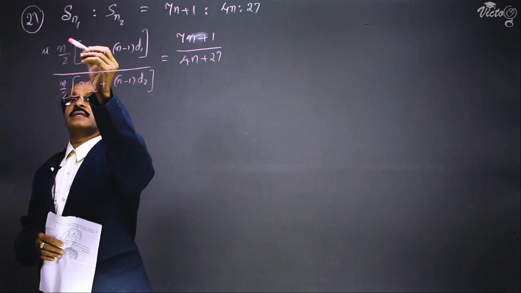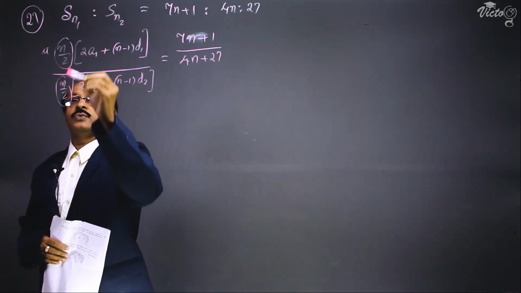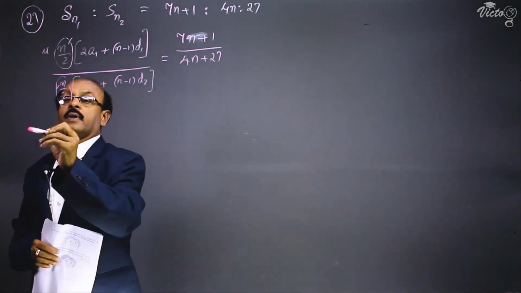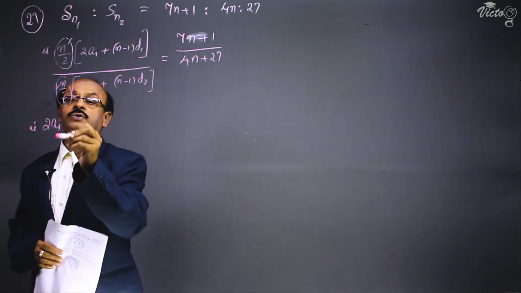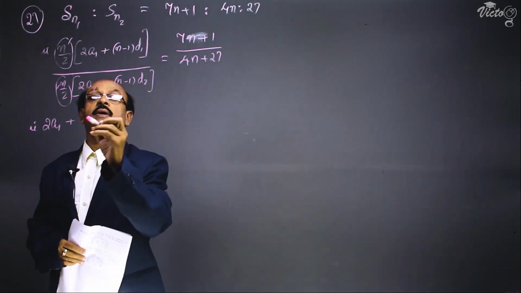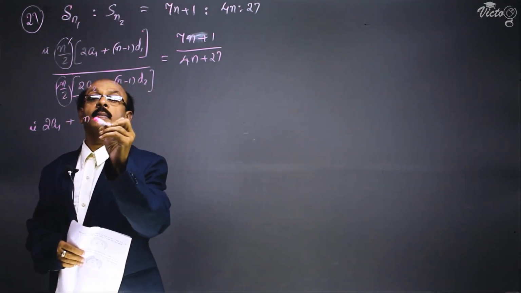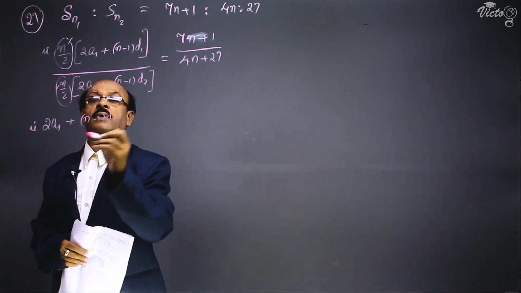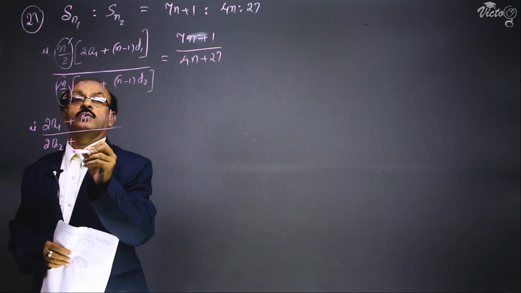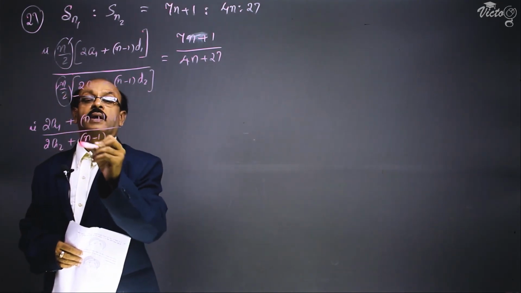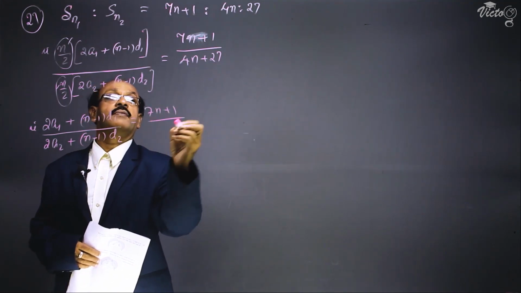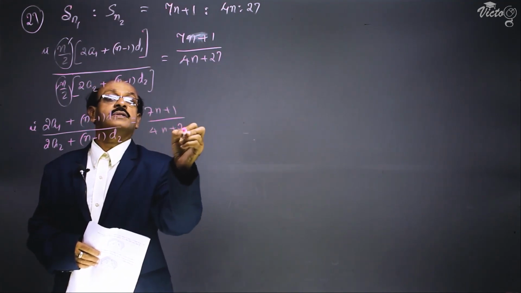We can cancel n by 2 and n by 2. The remaining quantity is 2a1 plus n minus 1 into d1 divided by 2a2 plus n minus 1 into d2, is equal to 7n plus 1 divided by 4n plus 27.